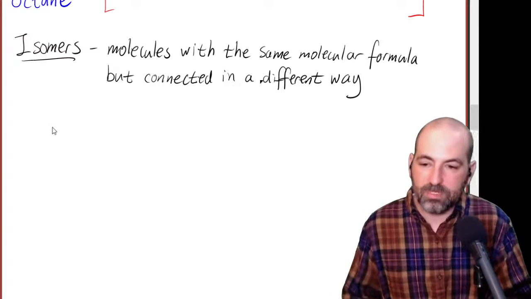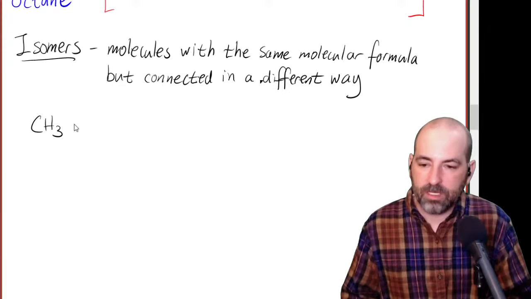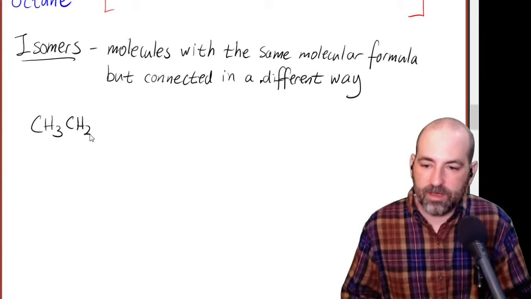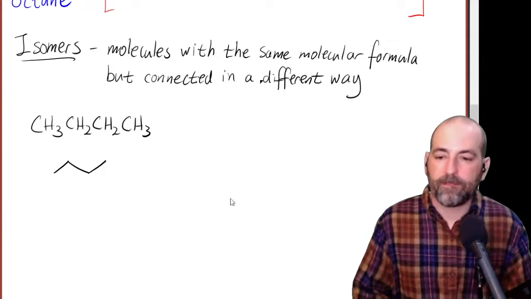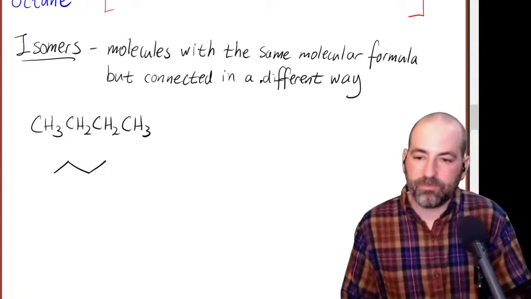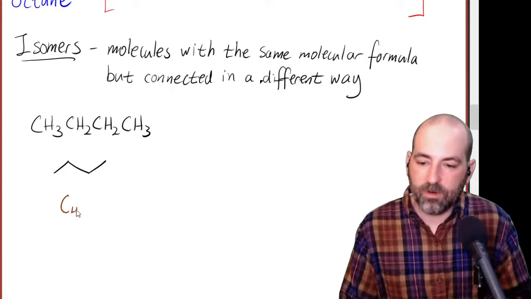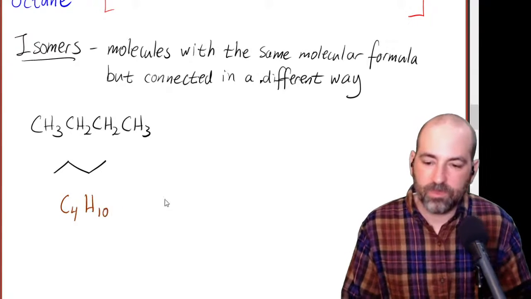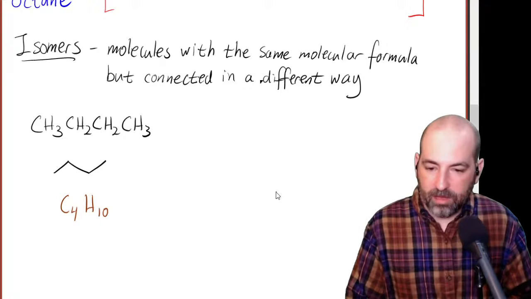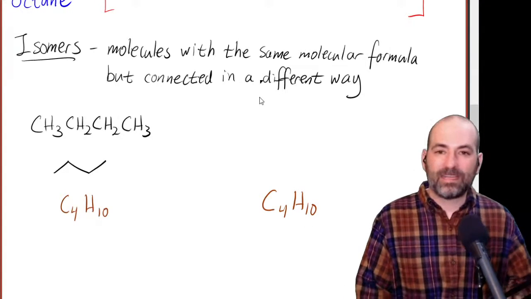So for example, butane, which we might express as a condensed formula like this, or a line structure like this, has an isomer. There's another molecule. So the molecular formula of butane is C4H10. There is another molecule that is also C4H10, but connected in a different way.